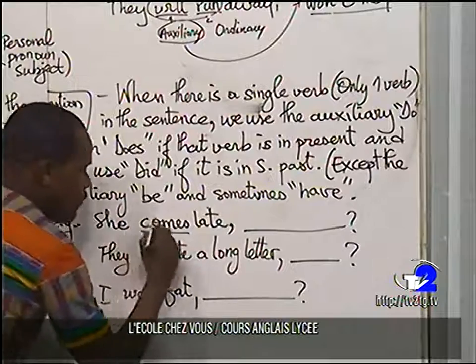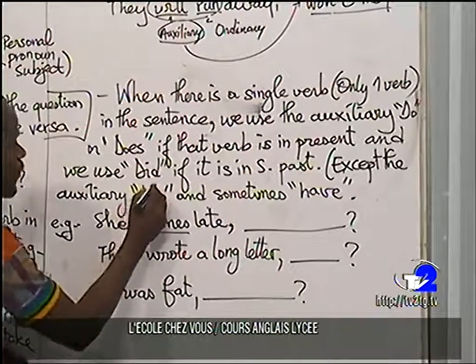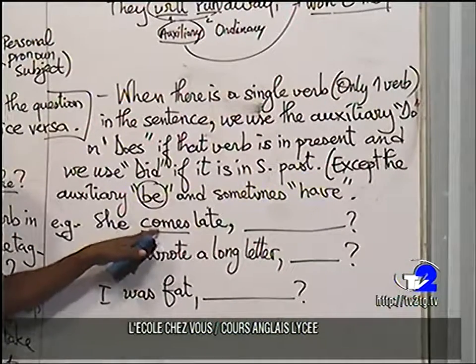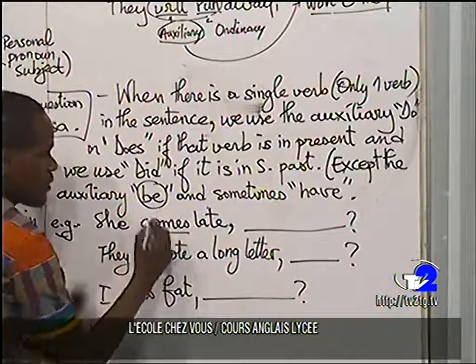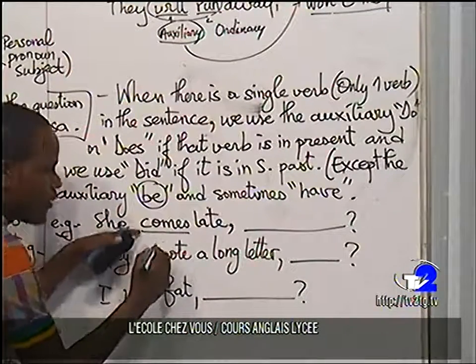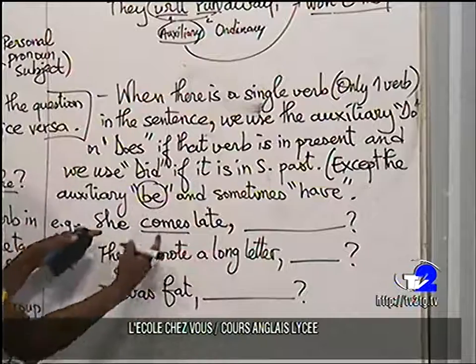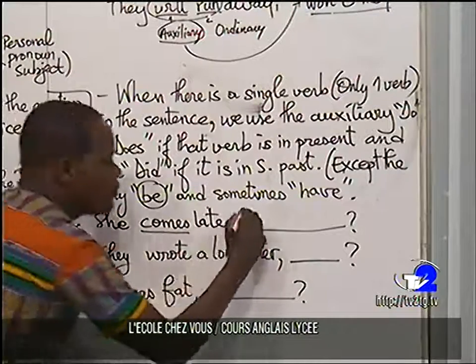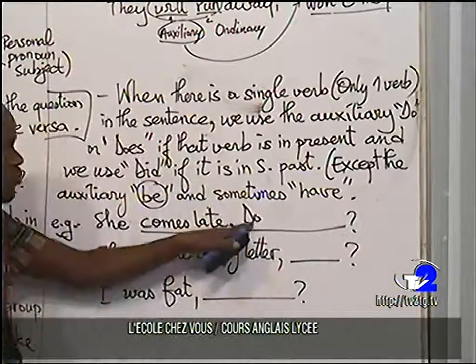When you have 1 verb, check if it is be. Is it be? No. So it is what? An ordinary verb. You must replace your ordinary verb by the auxiliary or helping verb do. Why do?